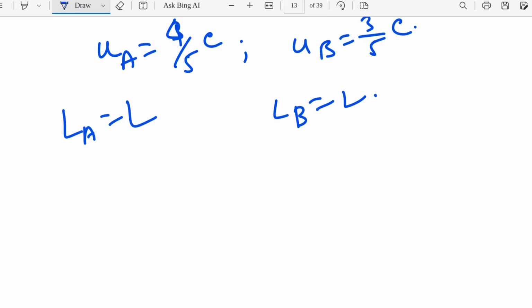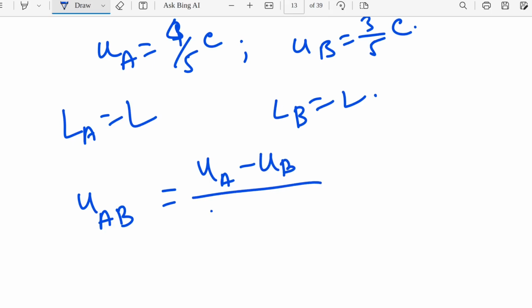That is given in the relativistic mechanics course, as well as in Einstein's relativity theory. So I am going to write that. Let's say I give this relative velocity as UAB, which is nothing but UA minus UB divided by 1 minus UA UB divided by c square.